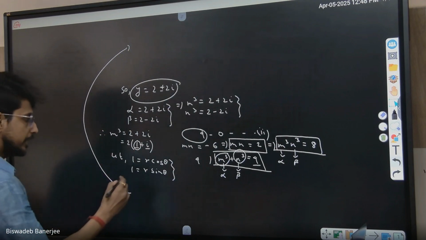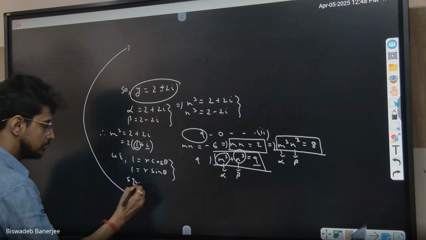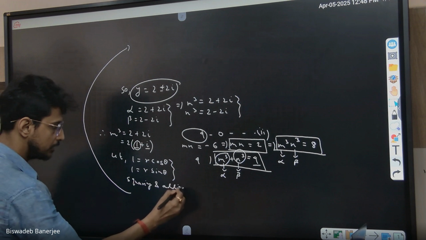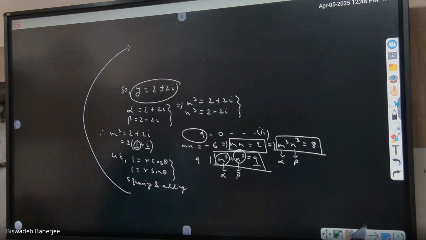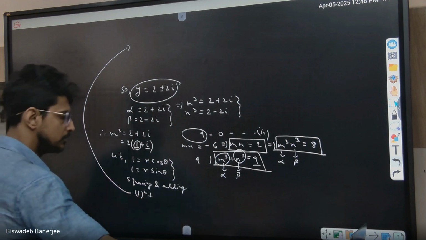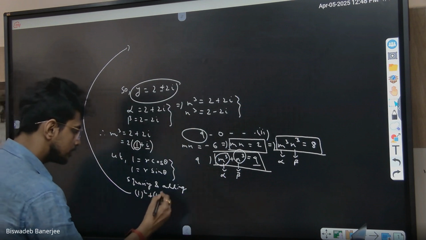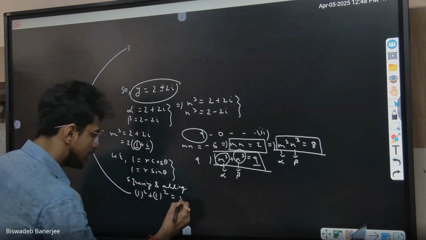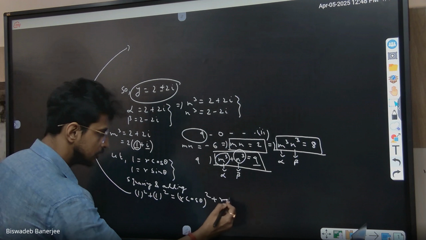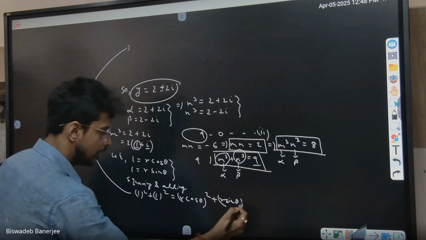Then take squaring and adding. If we take 1 square plus 1 square, then this will be (r cos theta) square plus (r sin theta) square.